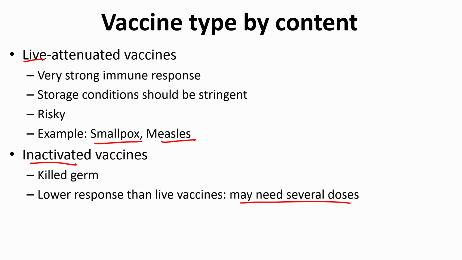The body does get exposed to some antigens, but maybe not all the antigens that these viruses and bacteria produce. So they are not as strong as live attenuated vaccines, but they are still fairly strong, and with some booster doses they work very well. As examples, as I said, there is the hepatitis vaccine, and you have polio vaccines and flu as well. All of these work very well.